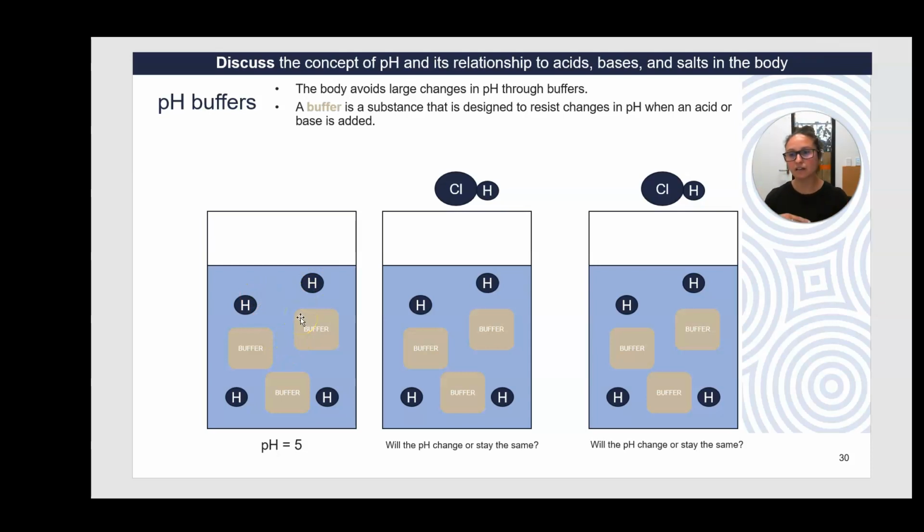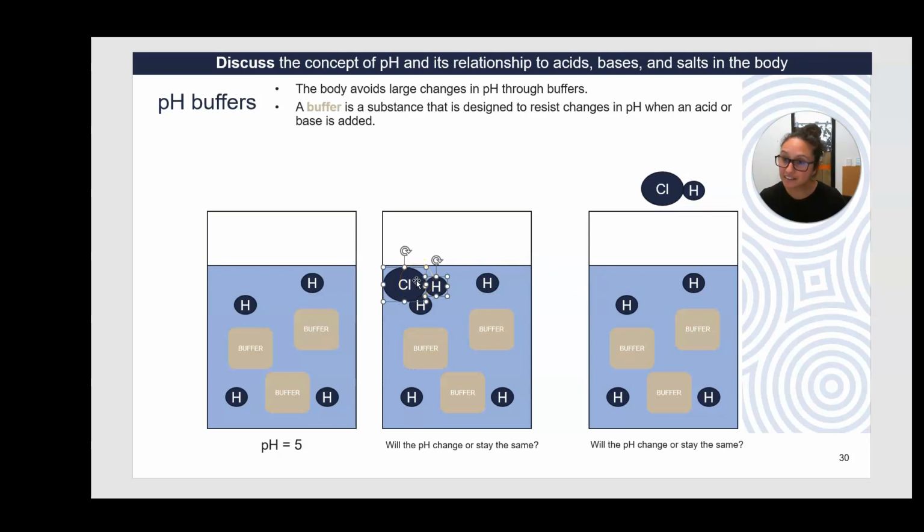It's conceptual. Let's pretend I've got 3 buffer molecules and 4 hydrogen ions, and my pH is 5. Let's just pretend as a hypothetical schematic representation. Here is my acid molecule, and I'm going to pop it into here.